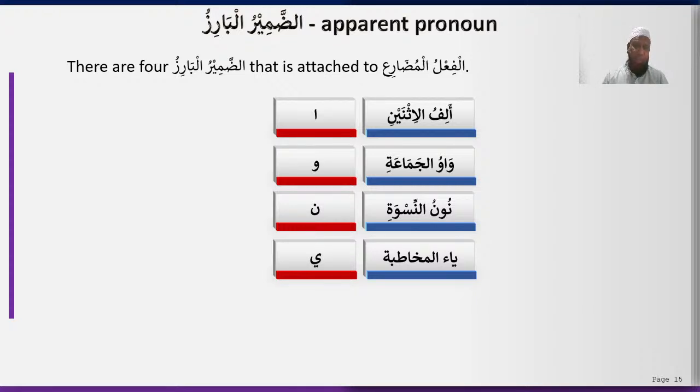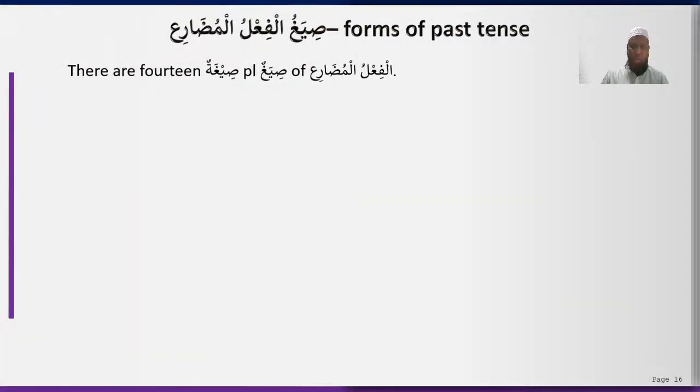And the 5 ضمير are invisible, which is mustatir, hidden. Those are هو, هي, أنت, أنا, نحن. So as we go, the sighas of فعل المضارع will point out those ضمير المستتر and الضمير البارز.